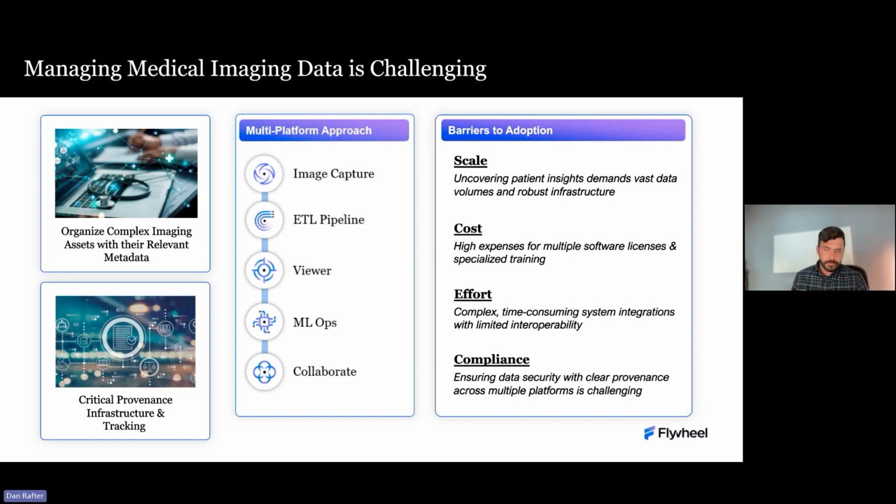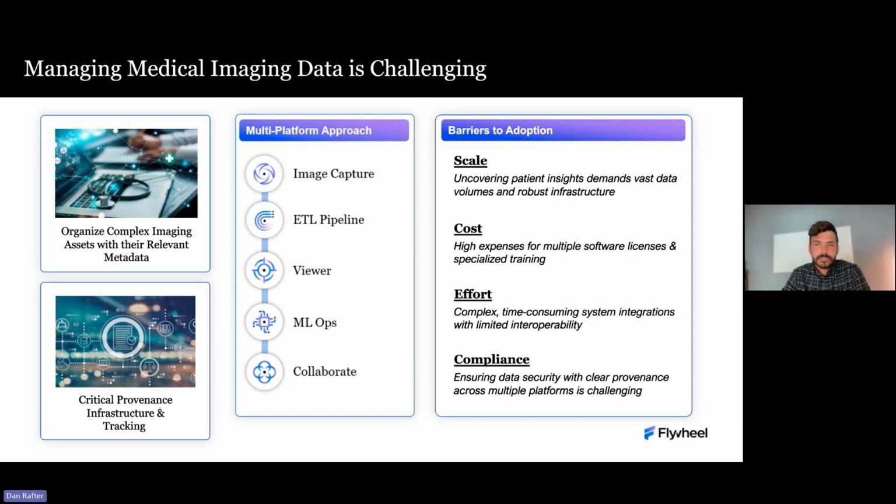The problem with this multi-platform approach is that you, as an institution, have to maintain the connectivity between all of these things. And that really leads to some significant barriers. The first is scale. The amount of data that you need to be successful in driving point of care insights and breakthroughs is significant, and thinking of a team inside an institution having to manage petabytes of data is significant.